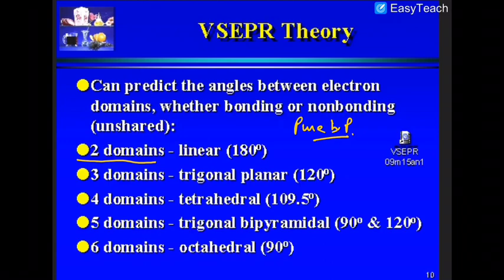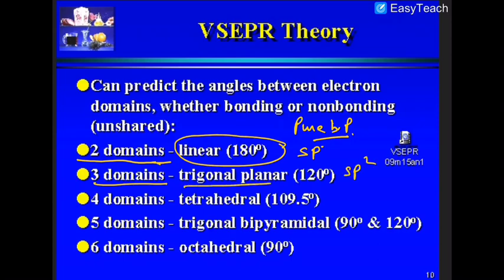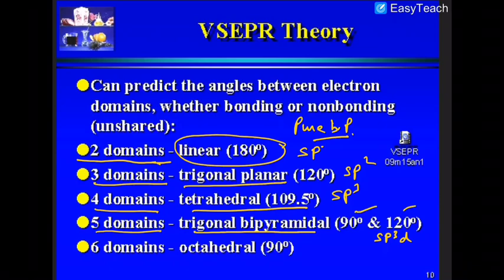Now in this case, if two bond pairs are there, it is linear and sp. If three bond pairs, it is sp2 and trigonal planar. If four bond pairs, it is sp3 and tetrahedral. If five bond pairs, it is sp3d, trigonal bipyramidal, and two bond angles are there.